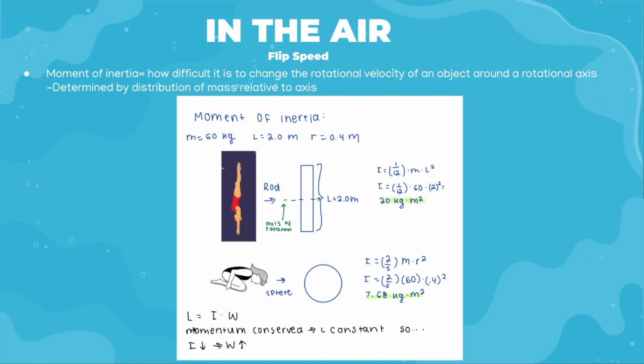So since momentum is conserved in this system, and L is equal to moment of inertia times rotational velocity, if the moment of inertia decreases, the rotational velocity increases. So this diver would be able to flip faster. But if the moment of inertia increased for this extending position, then the rotational velocity decreases, which allows the diver to control their body position more and enter the water straight and with a minimal splash.